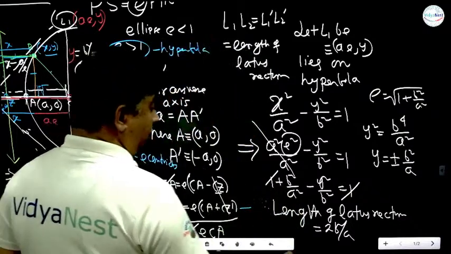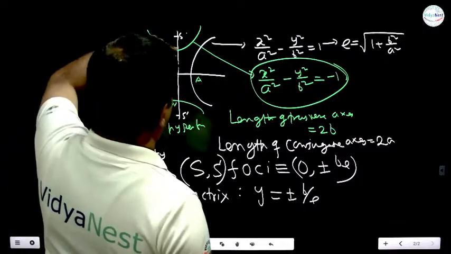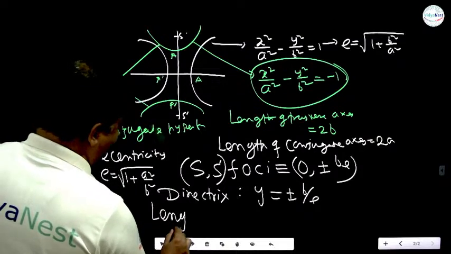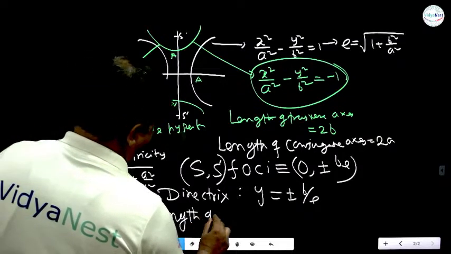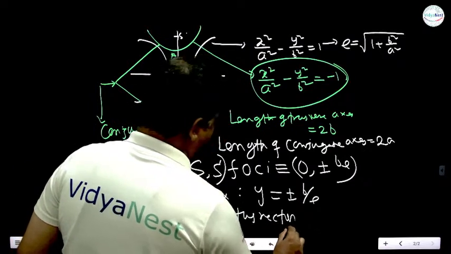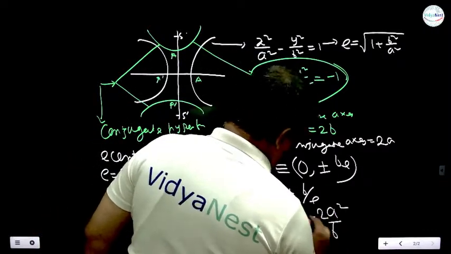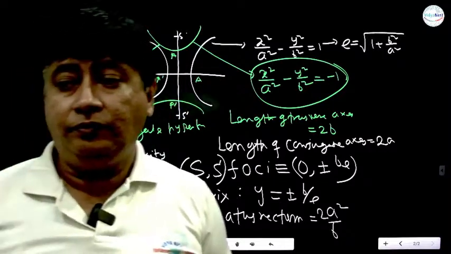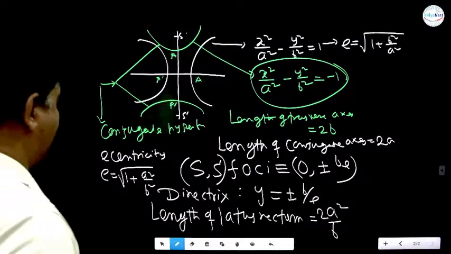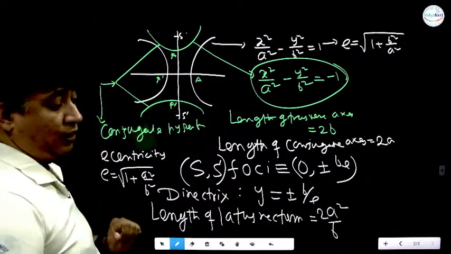But in this case, for the conjugate hyperbola, the length of the latus rectum will be reversed: twice a square by b. Now this is the conjugate hyperbola. Important, that is.